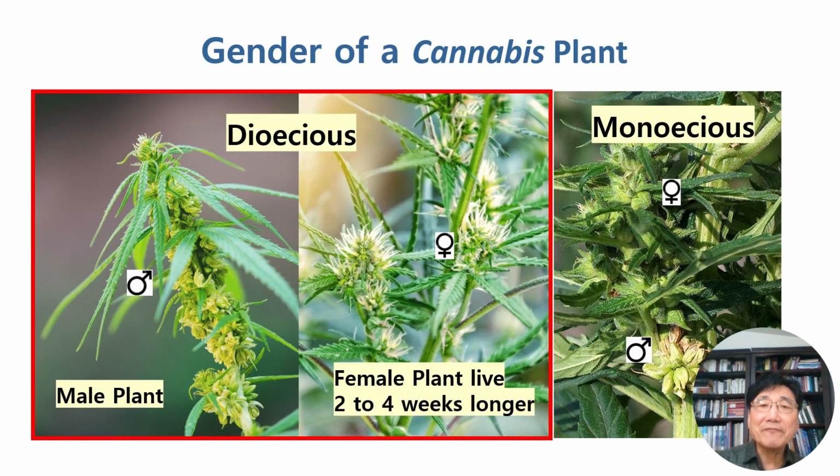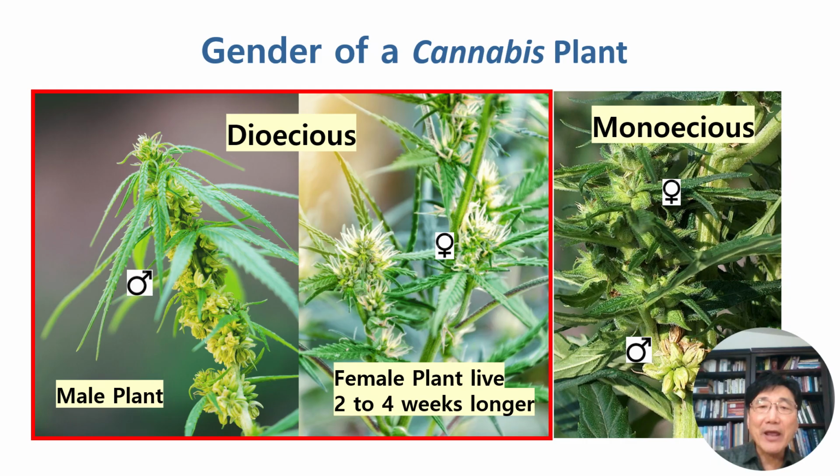The most common flower type in cannabis is dioecious, meaning male and female flowers grow on separate plants. Female plants of dioecious live 2 to 4 weeks longer than male plants until the seed is ripe.